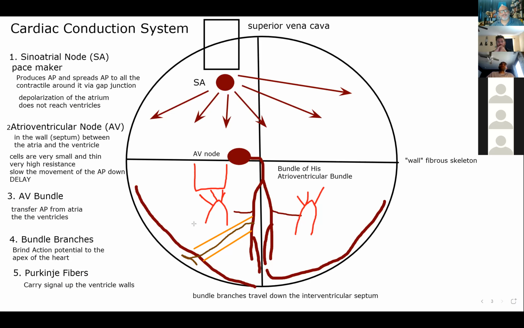Anybody know what this particular interesting, unique structure might be called? Moderator band? Exactly.